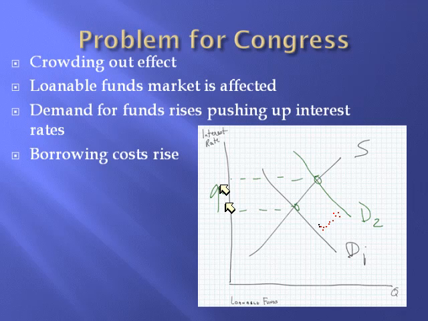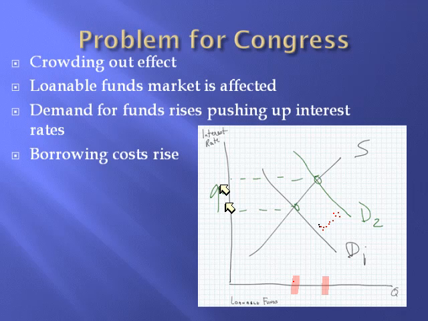Now, the quantity is increasing in this market, the equilibrium quantity, and that's okay to an extent. So we're about right here, and then we move out to here. But that increase in quantity comes from government, not from the private sector. So government's borrowing more money, but the private sector borrows less money because the interest rate rises.